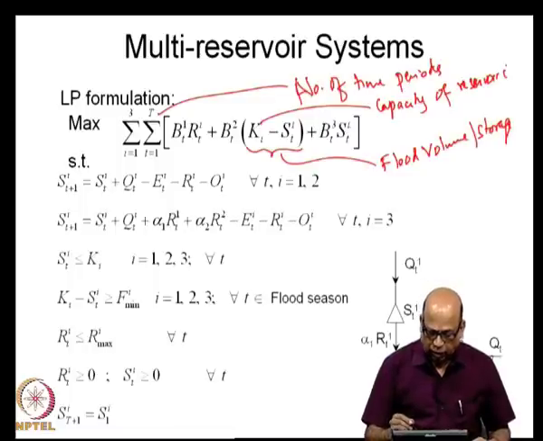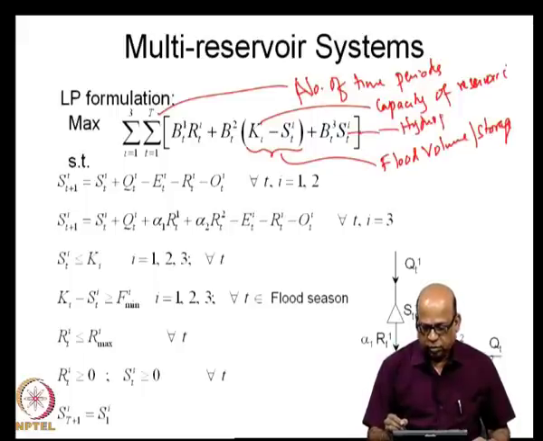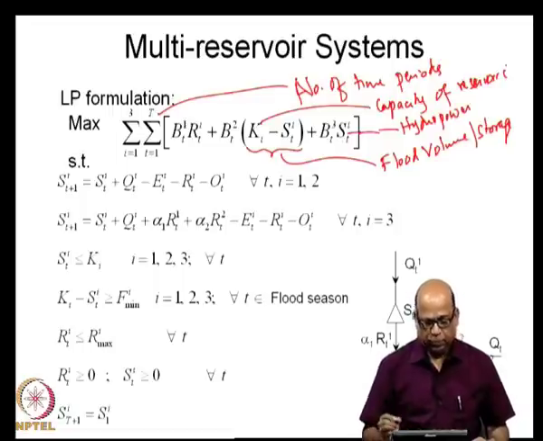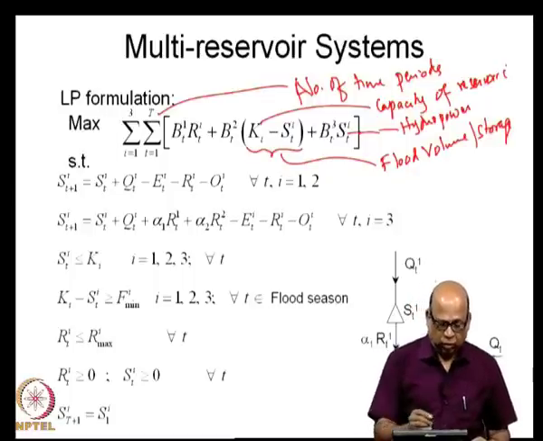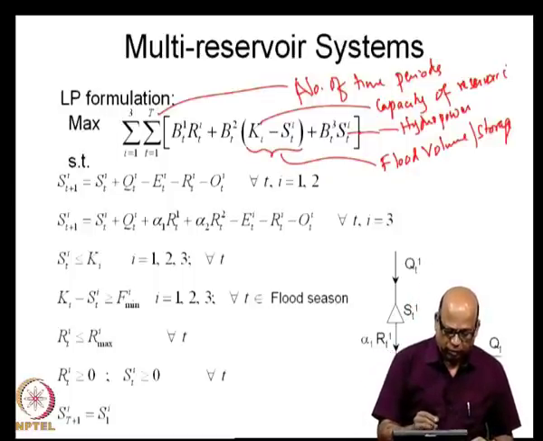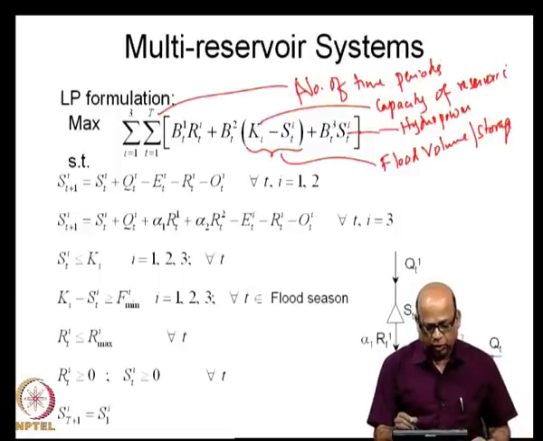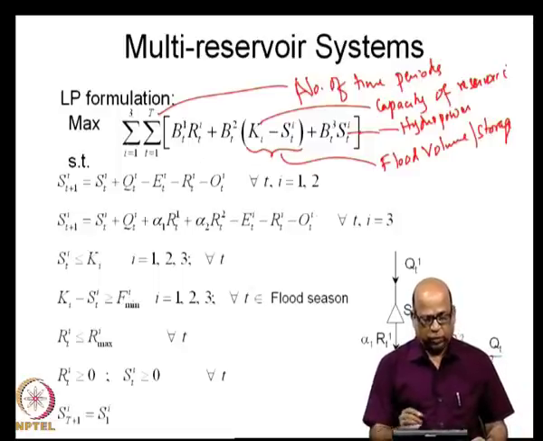Then the storage at the reservoir i is S_it, and this determines the hydropower. And associated with the unit storage, you have a benefit of B3t in time period t. So, you are summing over time periods and you are summing it over all the reservoirs. So, this is how you formulate the objective function.